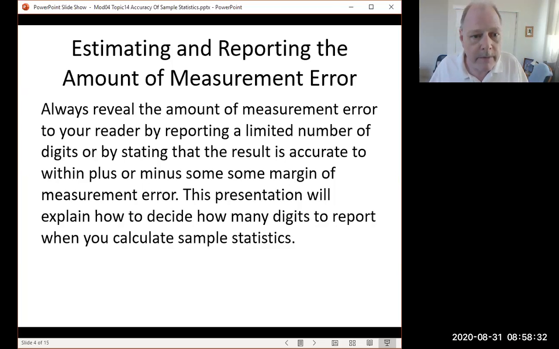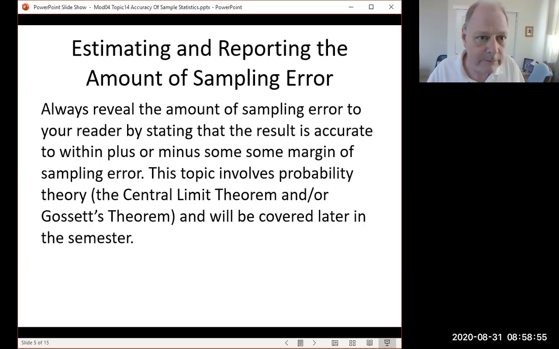Or you can just limit the number of digits that you report. So you could write out all the digits and then say plus or minus a lot. Or you could just not write down the extra digits that you're not sure about in the first place. So you reveal the measurement error, you reveal the sampling error.